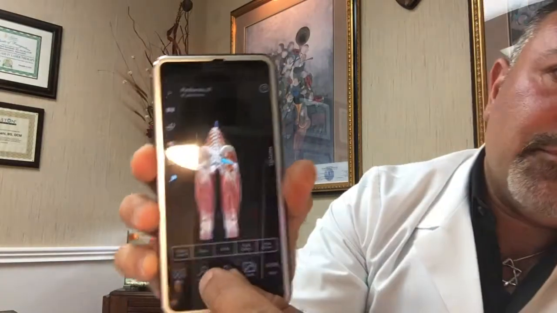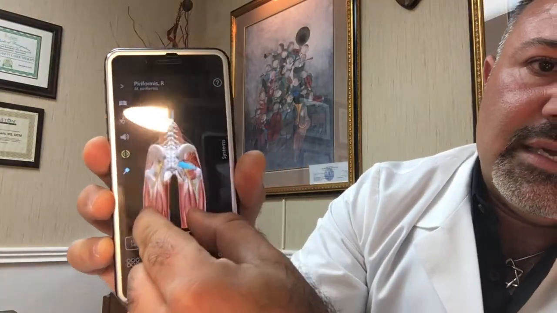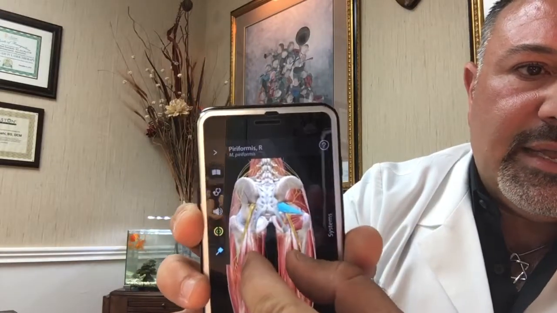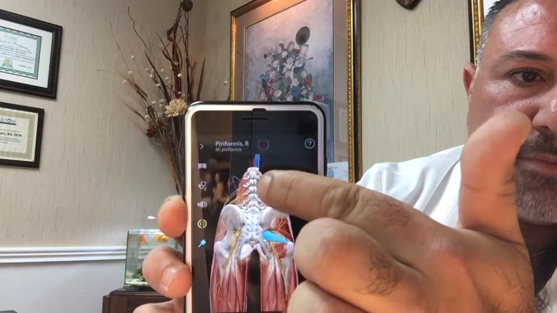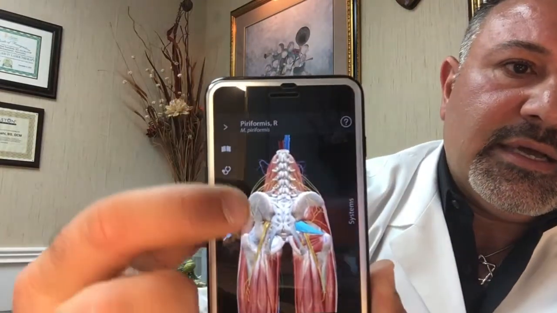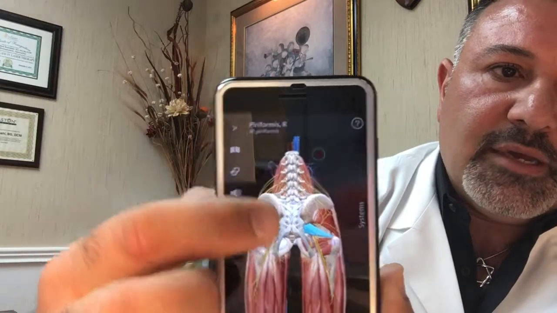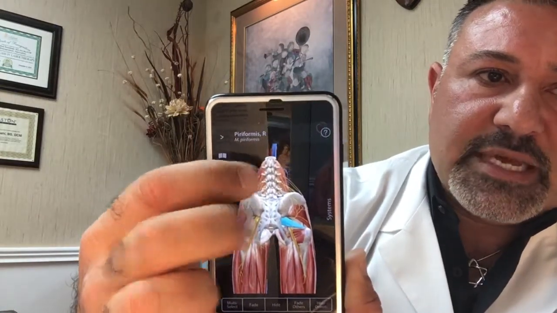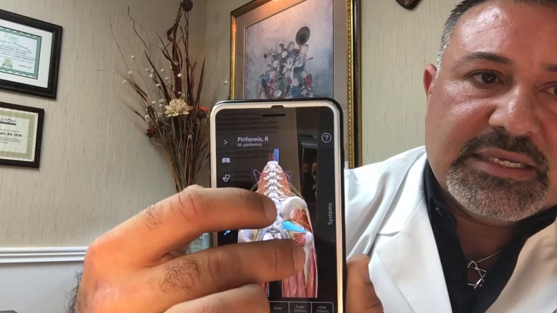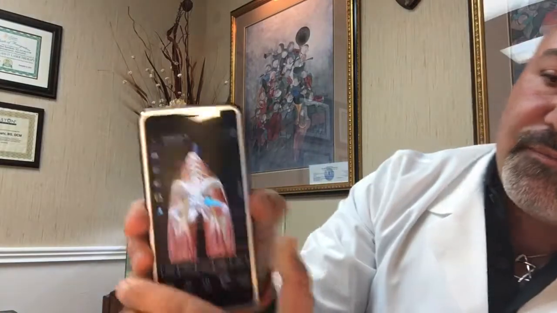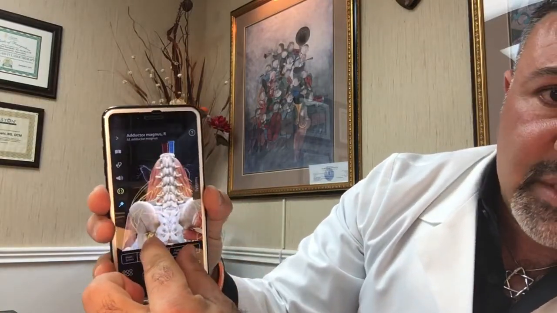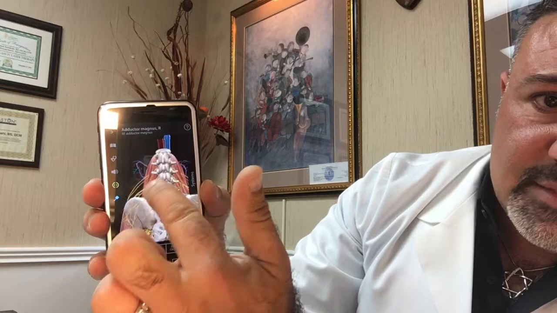The most common cause of sciatica is disc injuries, and I'll show you on a video right here. This is our anatomy for our back and gluteal region. You can see these are our lumbar spine, and off of each lumbar level come the nerves, those yellow nerves you can see right there.